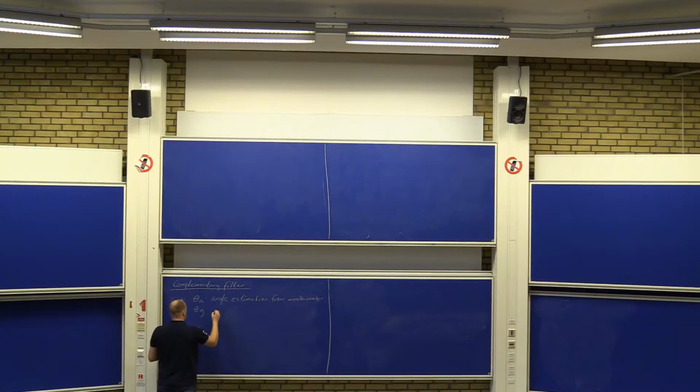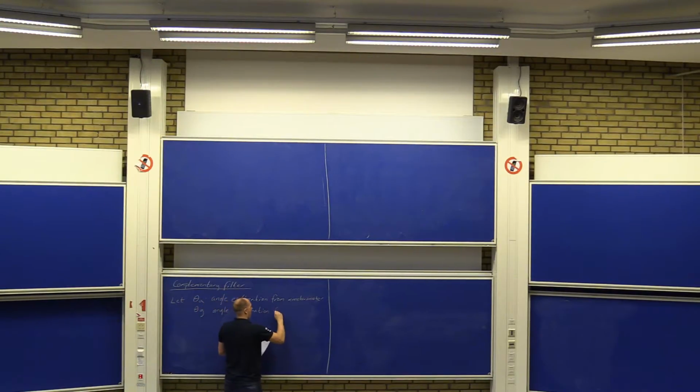Theta G is the angle estimation from the gyro, and that is the integral of the measurements from the gyro. So this is the angular velocity. So you integrate the angular velocity, we will get the angle.